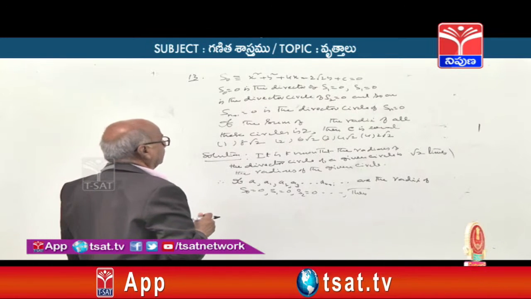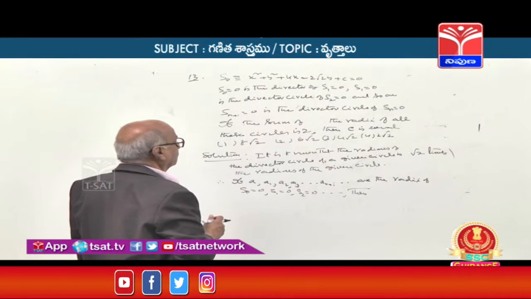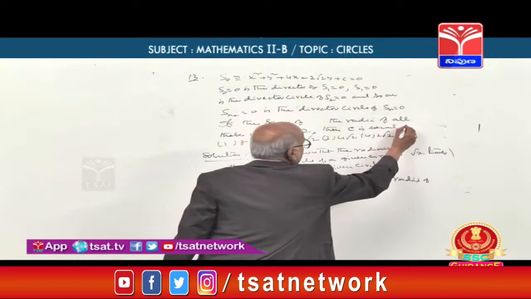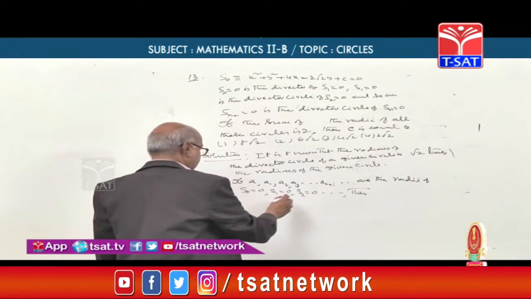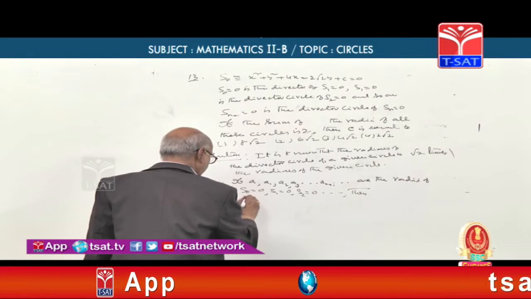If the sum of the radii of all these circles is 2, then C is equal to 2. Right.